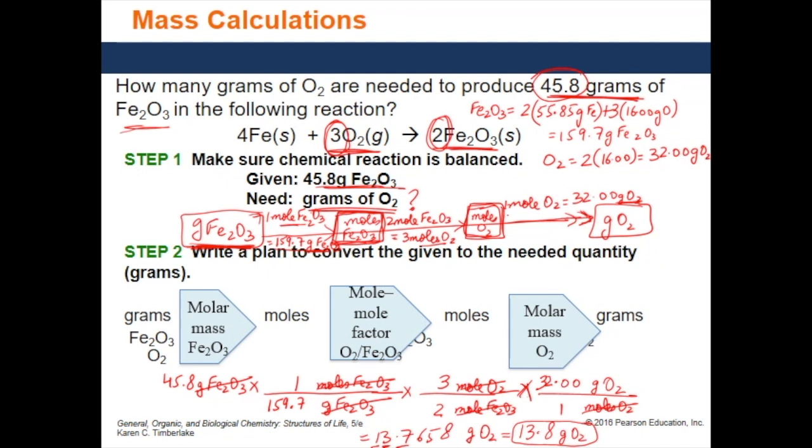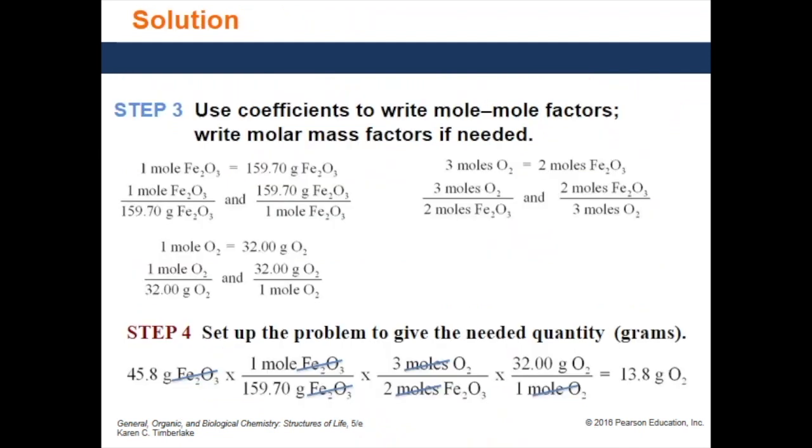Okay, as long as you understand all the relationships, you should be able to convert from grams of one to grams of other. Okay, final answer is 13.8 grams of O2.